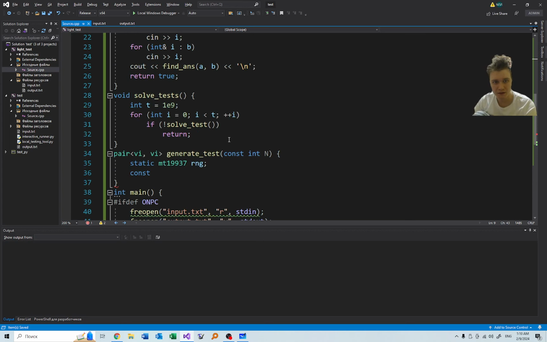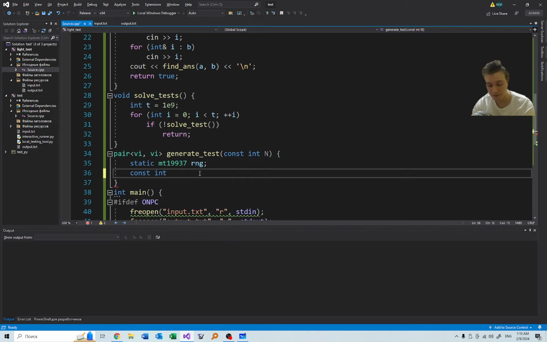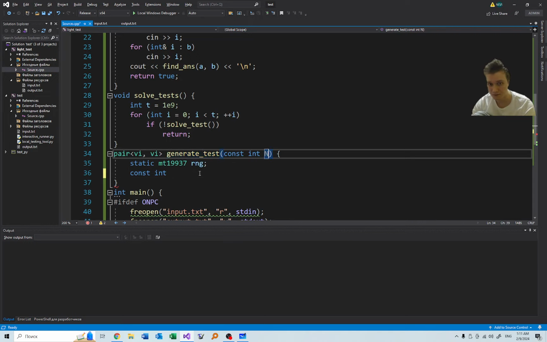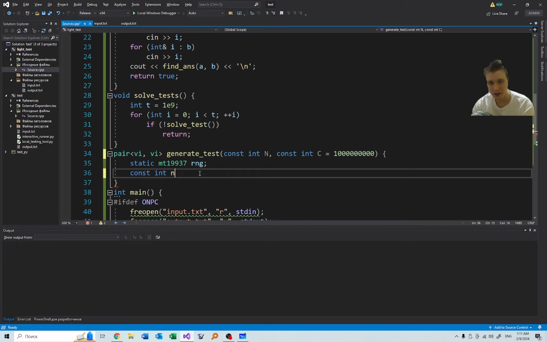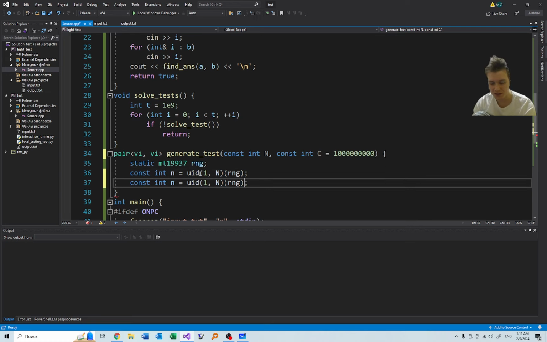Well, here n equals UID 1n of RNG, same for m.